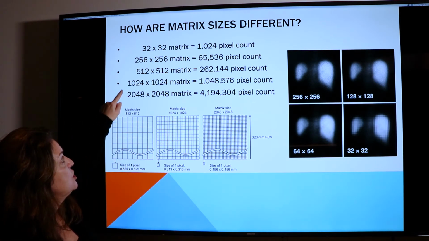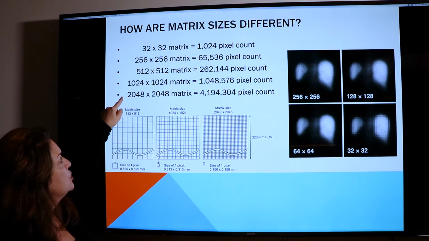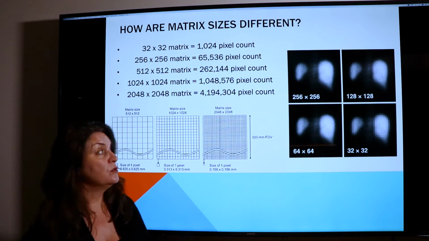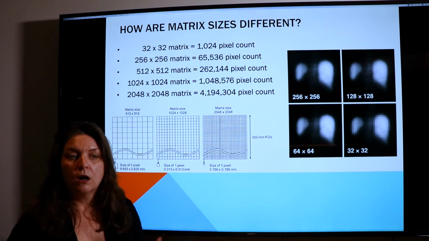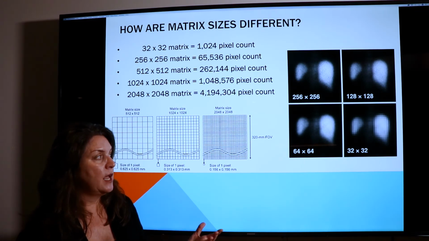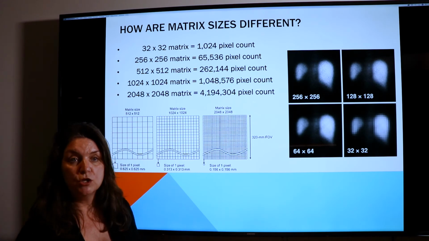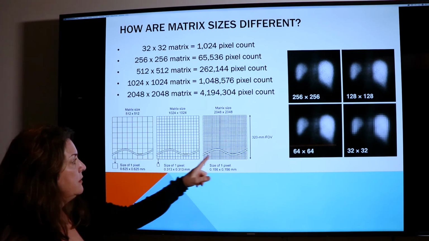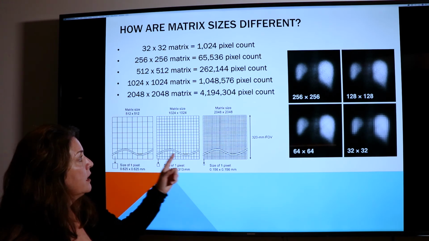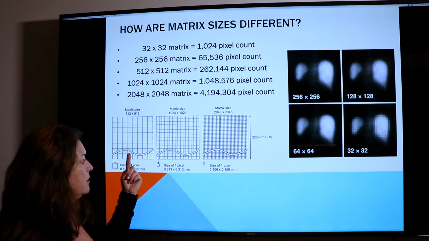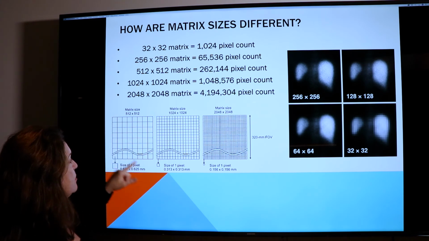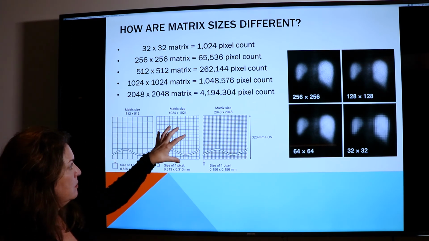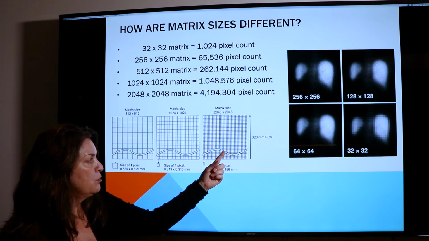And then when you look at digital imaging, DR, it has a 2,048 by 2,048 matrix, which means it has over 4 million pixels, which is why DR is so fantastic, because it has much better resolution compared to, say, nuclear medicine or ultrasound. But again, this is just demonstrating the size difference between the matrices. They appear to have the same length and width, but this has fewer pixels, and this has more and more pixels, and so this is going to give you better detail.